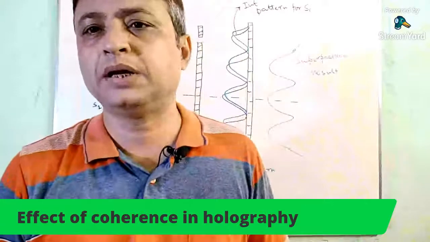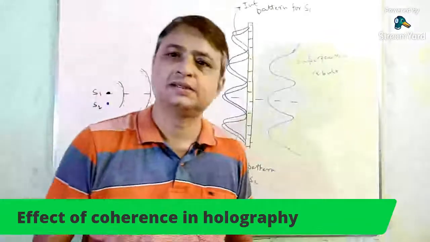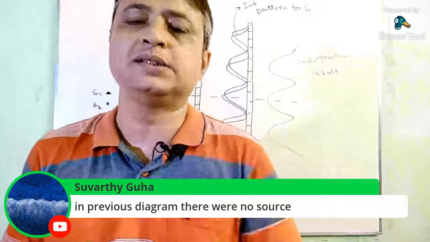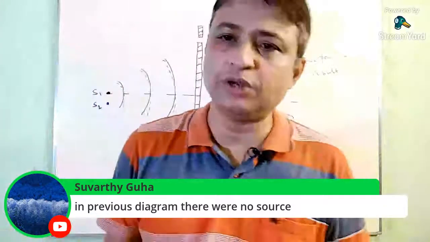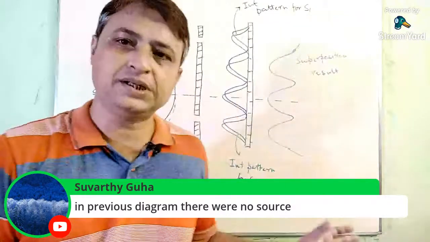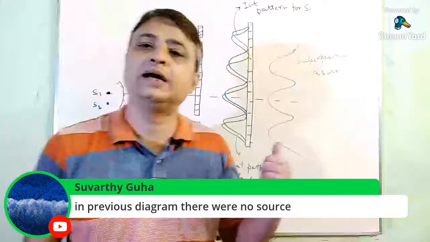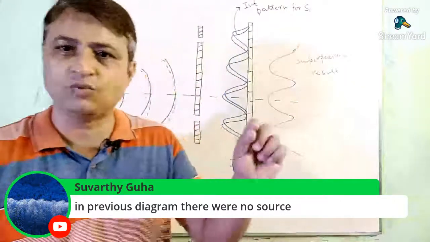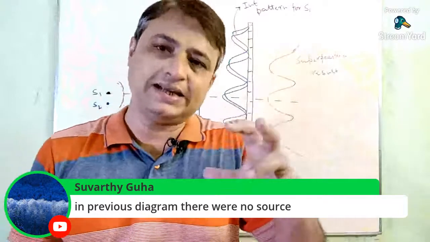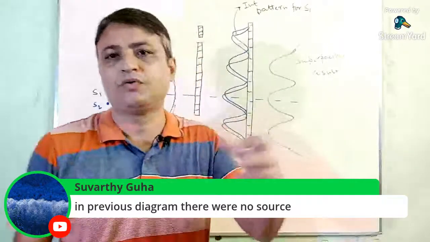In the previous diagram, there was no source? No, there is a source, that is S. In temporal coherence, S is producing two different wavelengths, W1 and W2. But in spatial coherence, as we are taking an extended object, I have shown two different sources, S1 and S2, because the two point objects are separated by a distance to form an extended object.